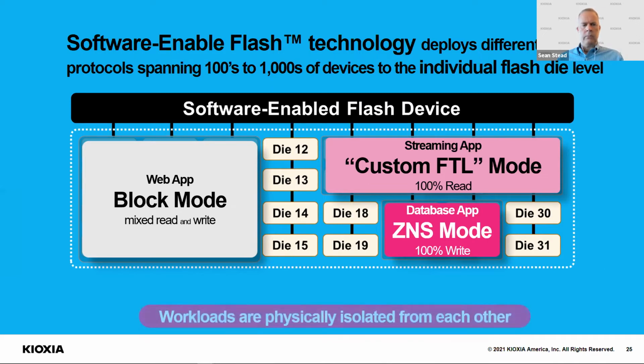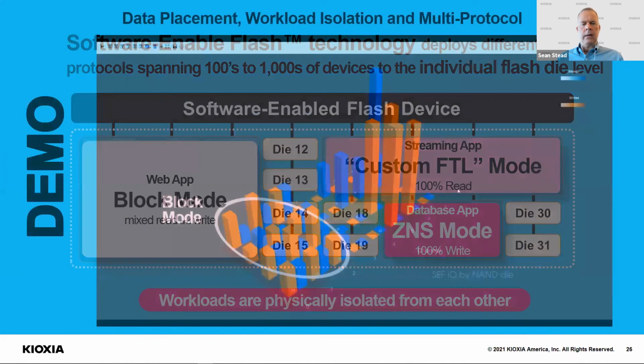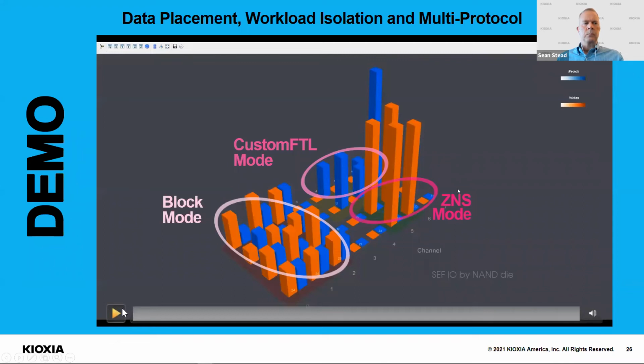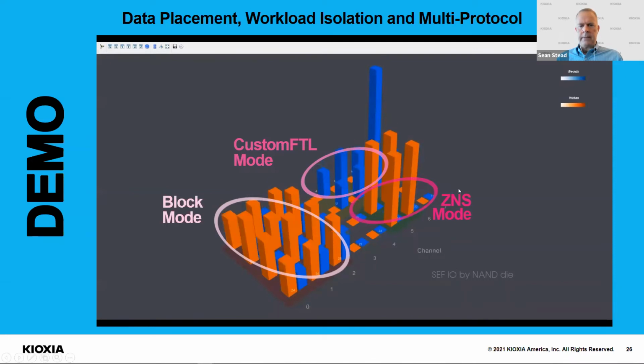So let's take these workloads that are physically isolated, and we'll show this IO demo. This is actual real software-enabled flash hardware and software running in this heat map. Using those same isolated die, you can see the reads in blue and the writes in red. The isolation is based on the layout defined for the block mode, the custom FTL, and the ZNS modes.